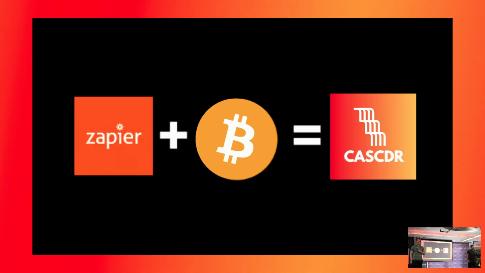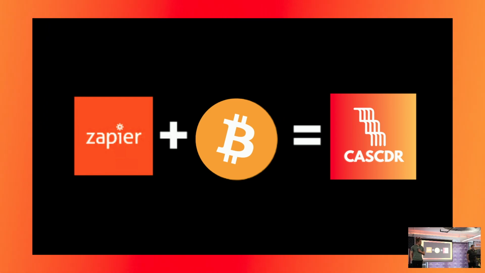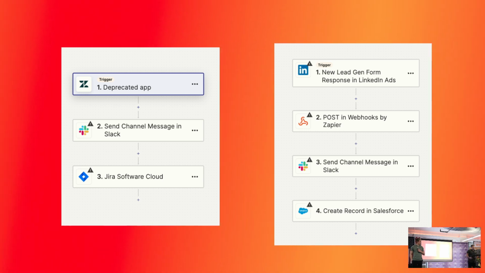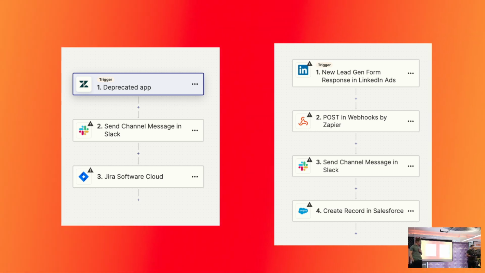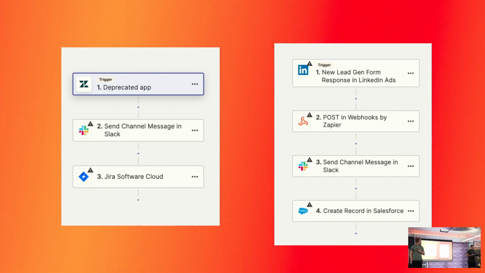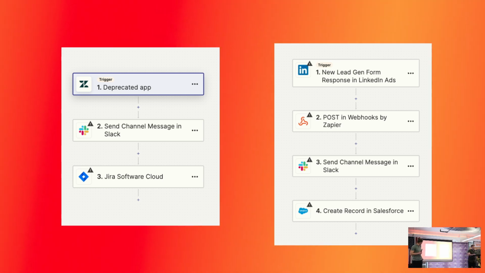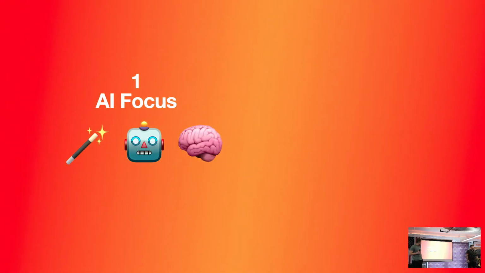Cascader is a lot like Zapier, but built on open protocols. So what do I mean by that? Zapier is a popular tool that allows users to take disparate services and combine them into workflows. So a lot of useful workflows for customer service or sales prospect lead management. Cascader is similar, but with two key differences. The first is we are AI focused.